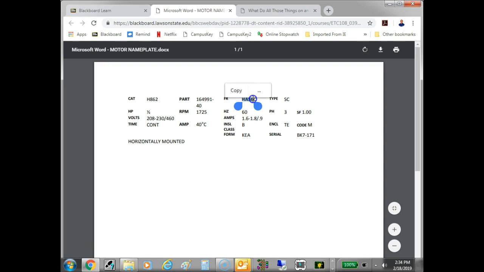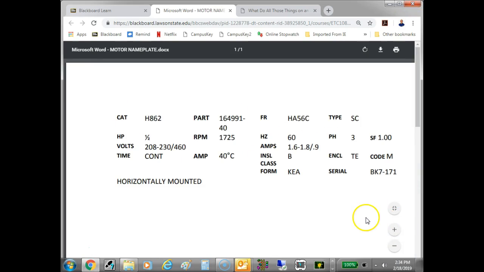Let me blow this up for y'all. We could go into that chart and look up frame HA.56C, and that would tell us the spacing between the mounting holes, the mounting plate, how high it sets up, the length of the shaft, and all that other neat stuff.